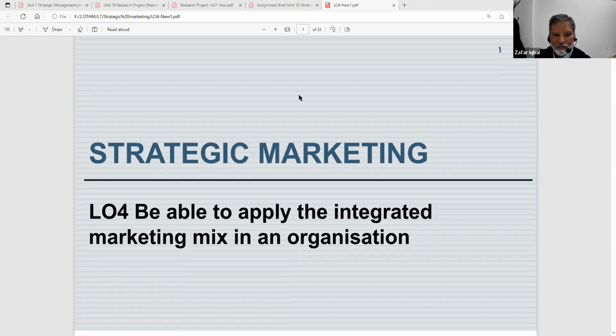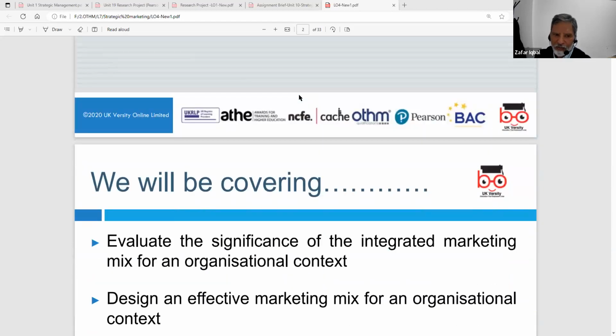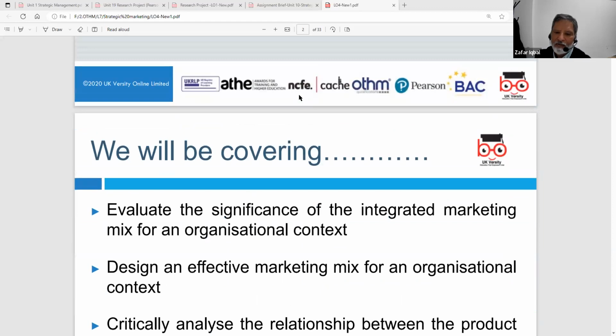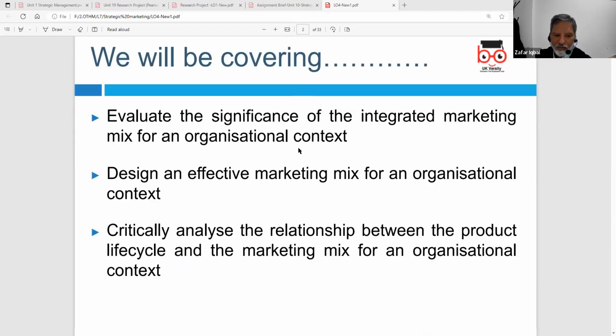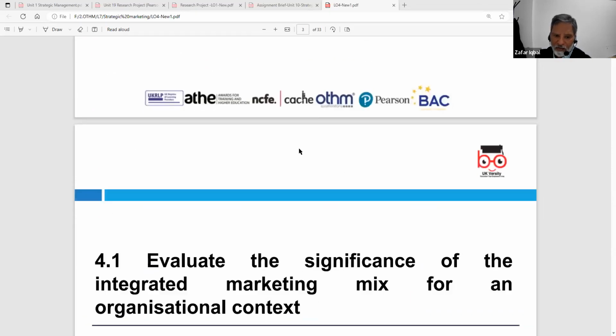In this lecture we'll look at the significance of the marketing mix for an organizational context. Secondly, we'll look at the effective marketing mix for an organization and how to design it. And number 3, we'll look at the relationship between the product lifecycle and the marketing mix for an organization. So these are the 3 things we'll be covering.